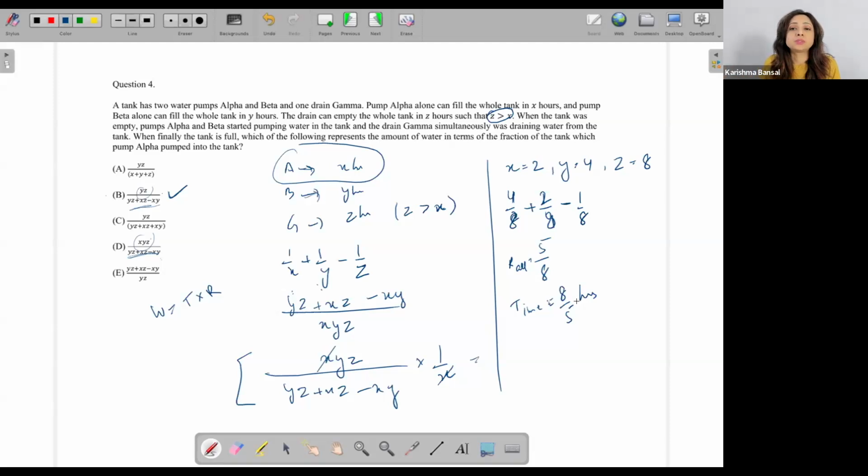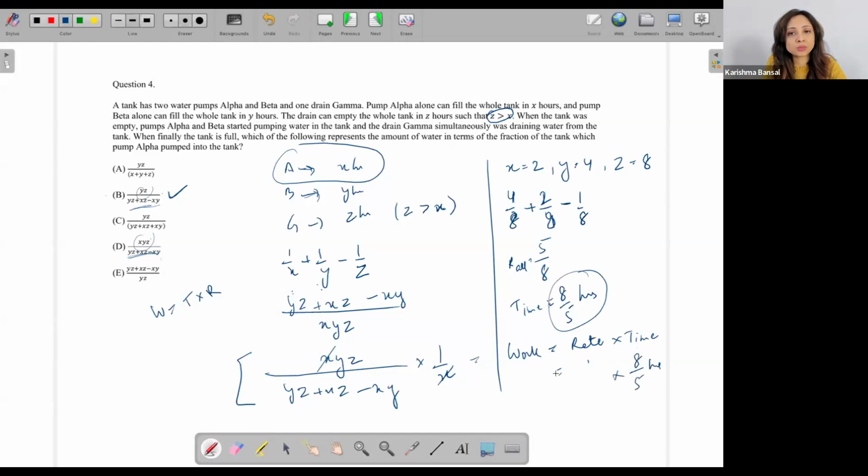But I need to know the work done by alpha. Work done is equal to what? Rate into time. Yeah, here, this is your question, Ashna. Work is equal to rate into time. I know the time for which alpha was working was what? 8 by 5 hours. I want to know how much work did alpha do. So I'm saying this time is 8 by 5 hours.